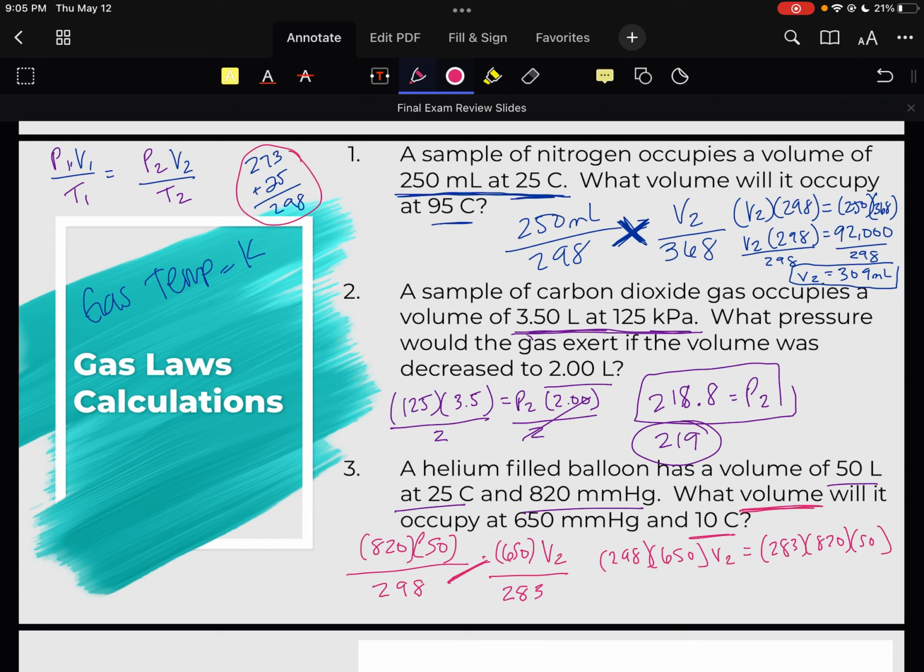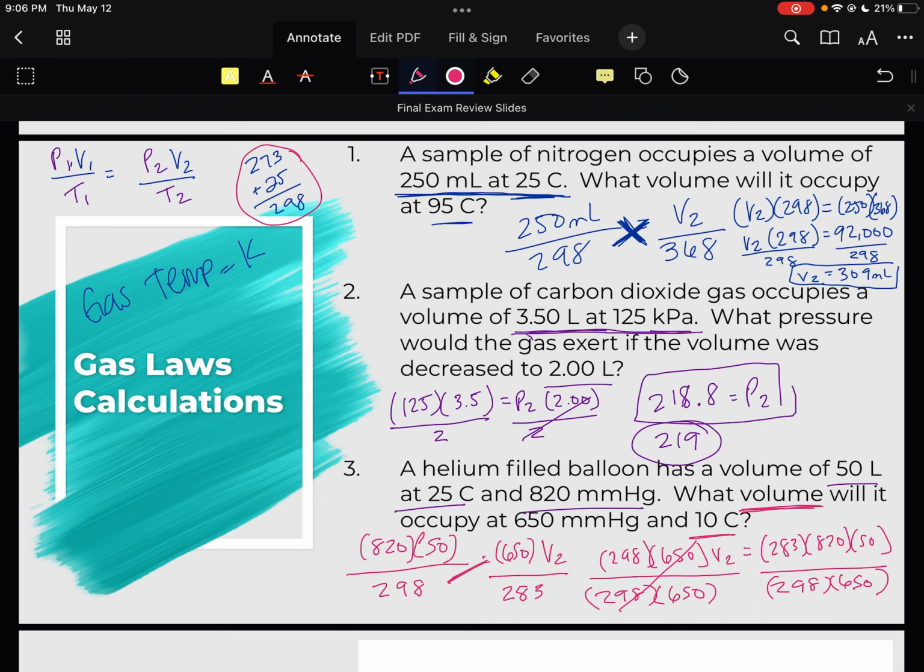So when you type in your calculator, right, we are going to eventually divide by these so that they cancel, but if I do that to one side, I have to do that to the other. So I'm going to multiply everything on top. And that is 820 times 50. And then I'm going to divide by everything on the bottom. And make sure you actually hit the divide button.